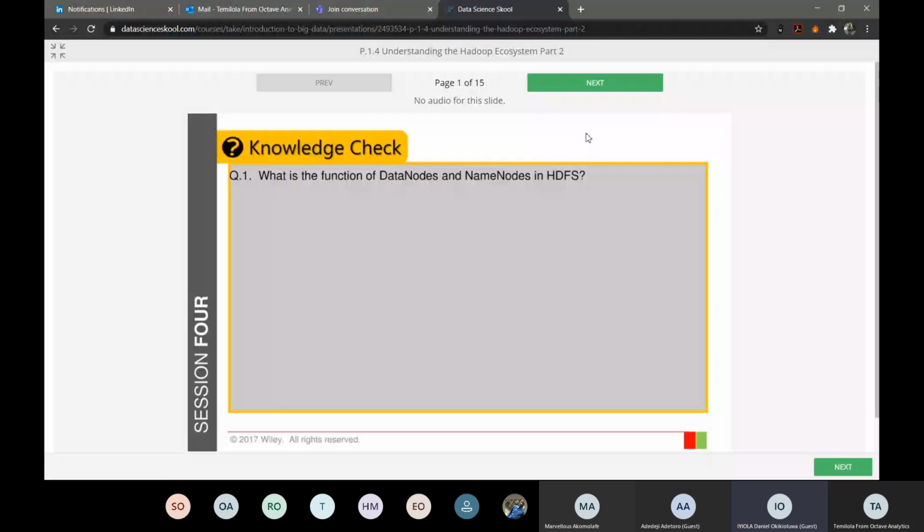It generally functions as where you can read, check, and validate the data for the data nodes. That's what the name node does, and the name node is also replicated just in case of any single point of failure. Okay, thank you so much.